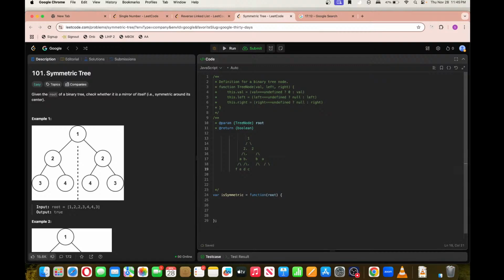I think it would be C, D, E, F, something like this, right? Because I want it to be a mirror of itself. Because if this is the mirror, then this way it will be like this.